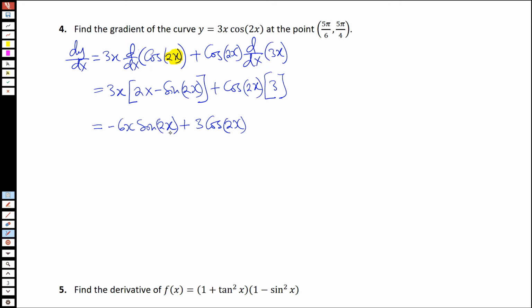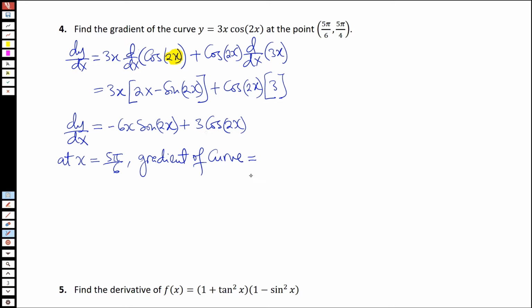Okay, now once we have our dy over dx, our second step will be to find the gradient of the curve at x is equal to 5 pi over 6. So we can say that at x is equal to 5 pi over 6, the gradient of the curve can be found by plugging 5 pi over 6 in the gradient function.